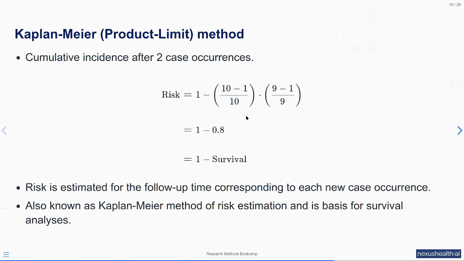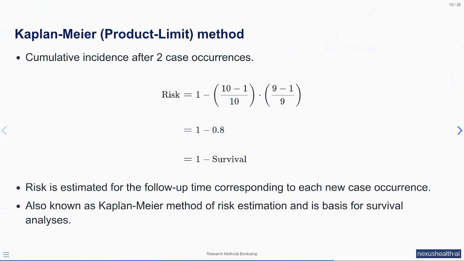At the end of the first time period, we have 9 people left. Probability has not changed. It's still 0.1. So we're going to have this over this, and so this times this, we end up with 0.8, and this is the probability of surviving the 2 time periods.